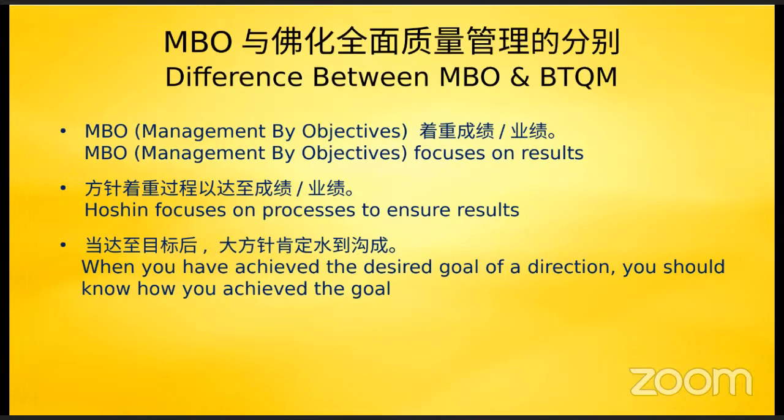You may remember the story about Konosuke Matsushita. Most American companies would very straightforwardly tell you that their objective is to make money, to make profit. But Konosuke Matsushita had a different way of expressing the objective.